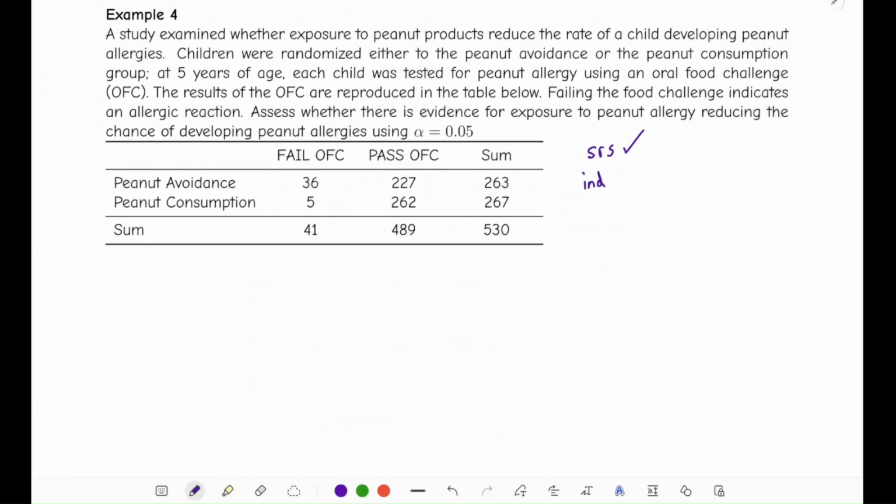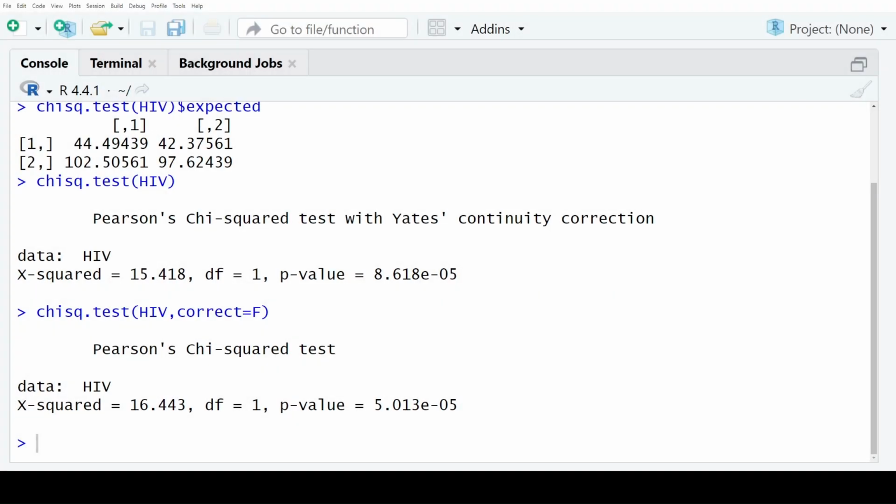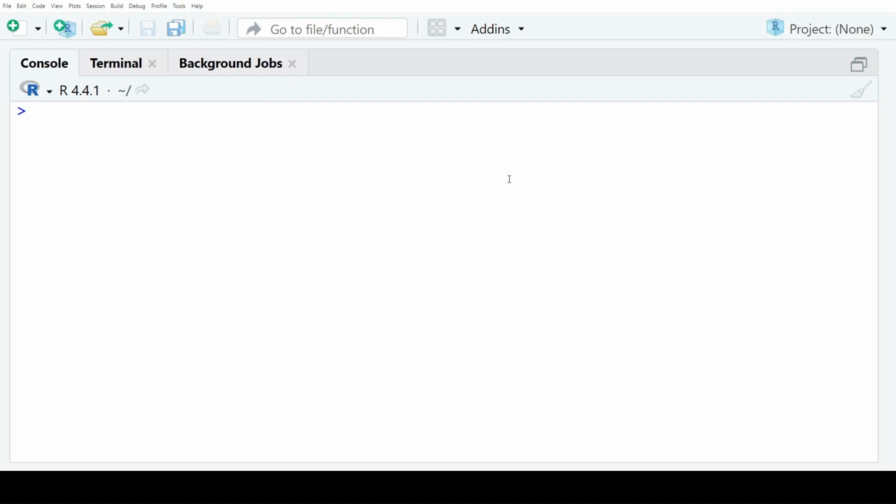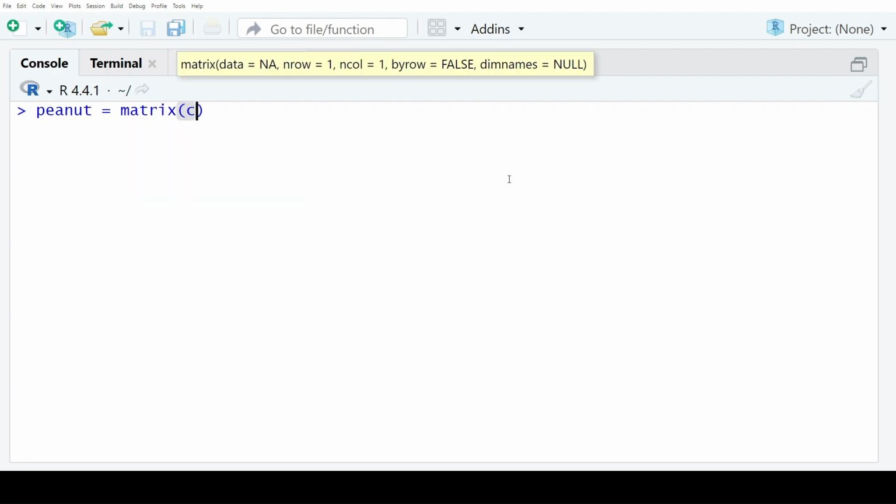The independent checks out. So I just need to check the size, and we go over to R to do that. So go over to R, erase that. Here we go. I'll just call it peanut equals matrix collection 36, 227, 5, 262.